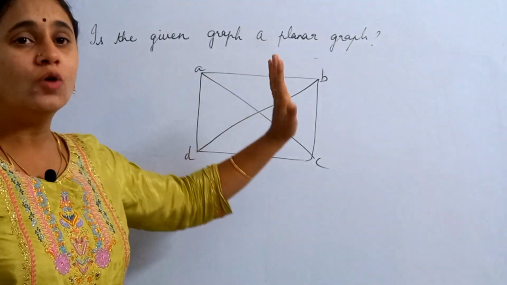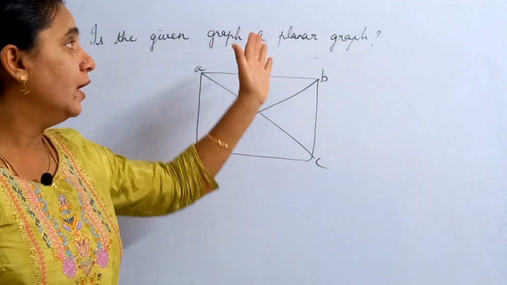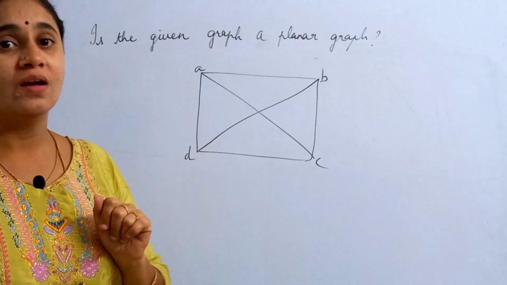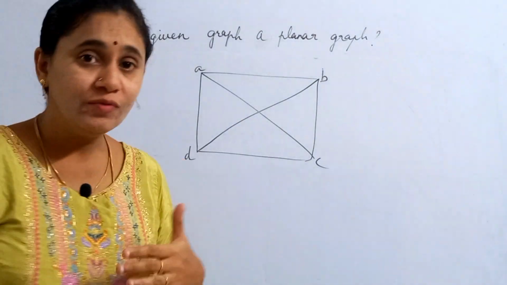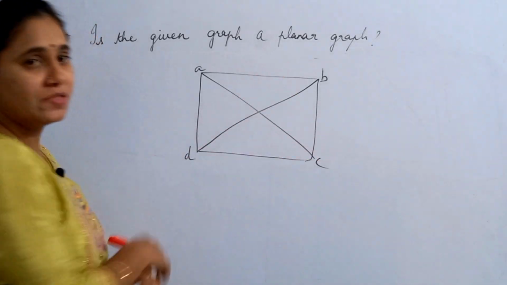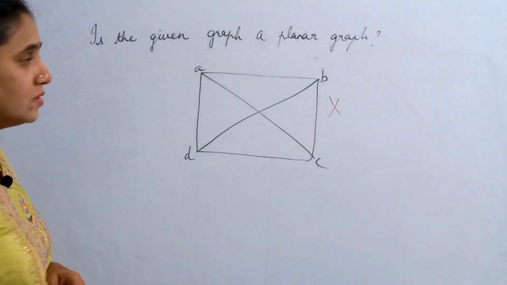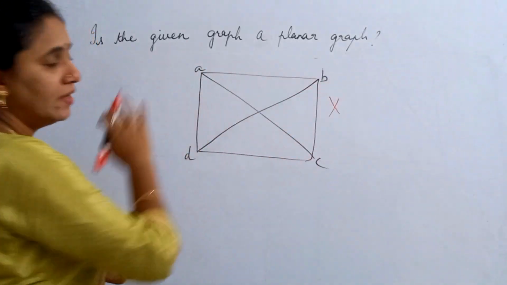Now we are going to follow some methods to transform this into a planar graph. How can we do that? We are going to see it. By seeing this diagram itself, you can tell that it is not a planar graph. How many vertices are there? The number of vertices is 4.